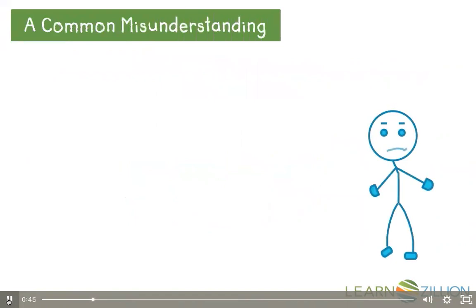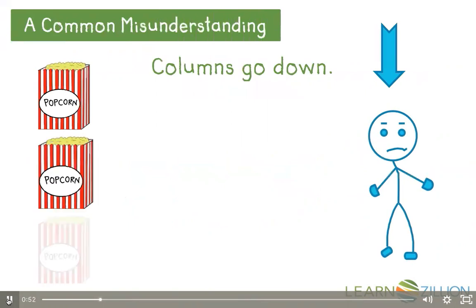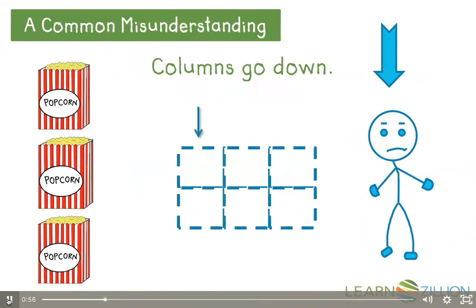We need to remember that columns go down. Here I have 3 boxes of popcorn that form one column. Columns go down. This rectangle has been partitioned into 3 columns.